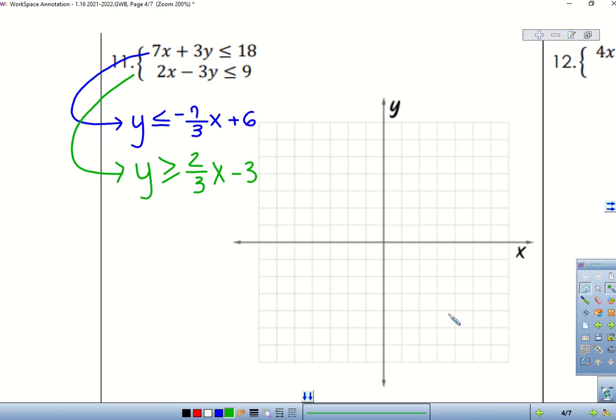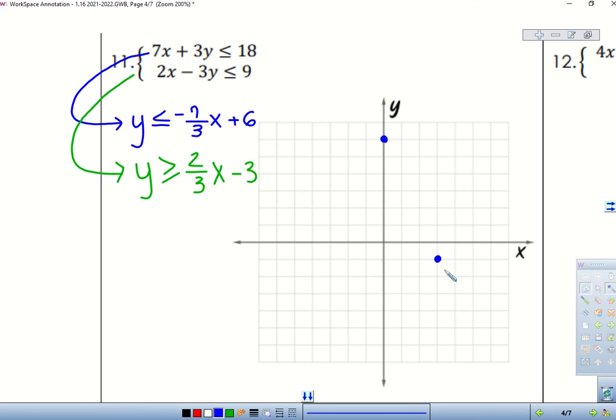Now once we have them in that form, but you will need to know how to do that on your quiz, of course, we're going to graph them. So I start at 6, 2, 3, 4, 5, 6, and I go down 7, 1, 2, 3, 4, 5, 6, 7, and over 1, 2, 3.